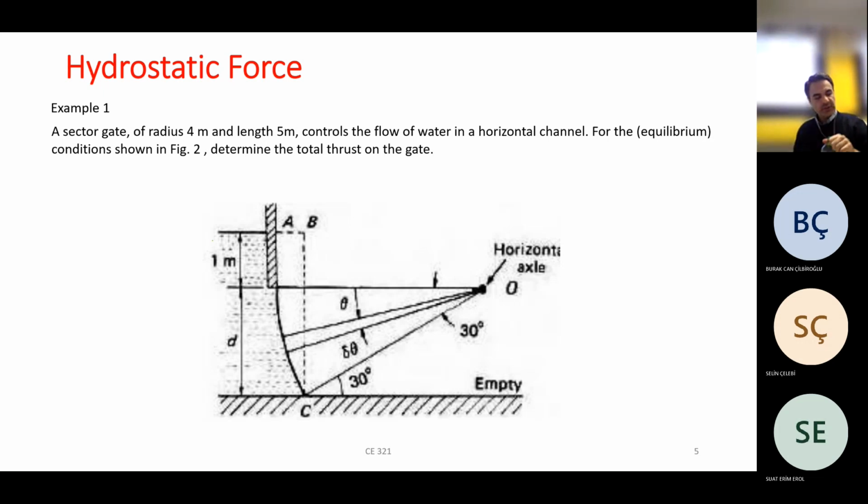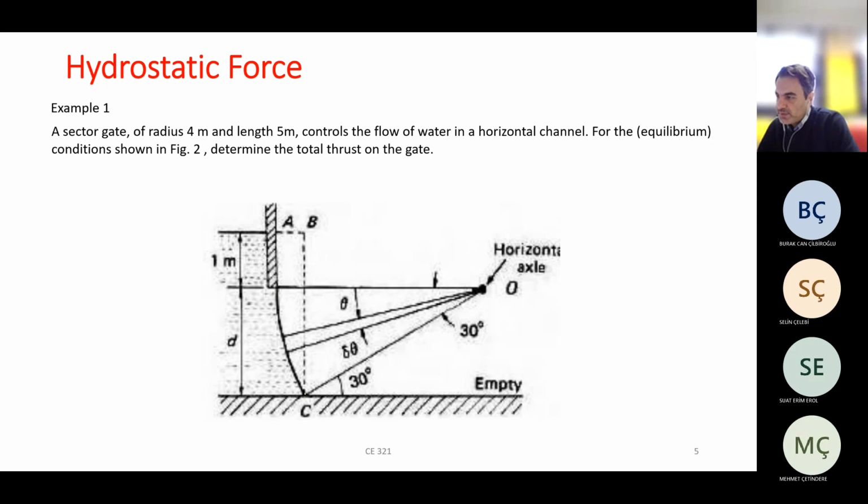Here we have a sector gate of radius 4 meters and length 5 meters, which controls the flow of water in a horizontal channel. For the equilibrium condition shown in this figure, determine the total thrust on the gate. Here, this is our gate, and its surface has a curved shape.